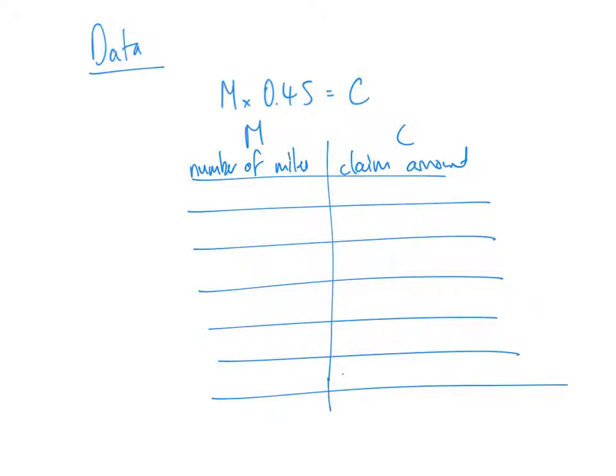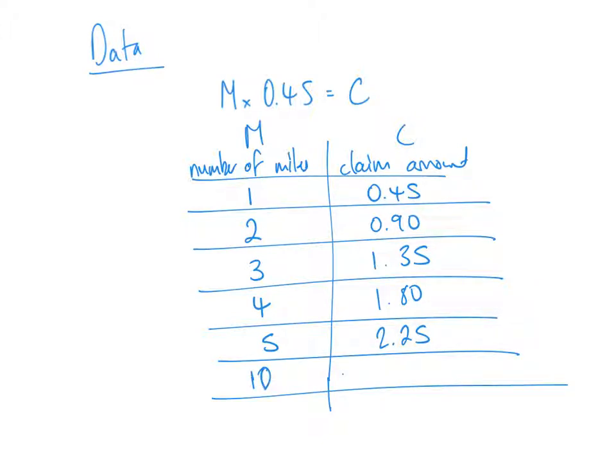Okay, well, say we go for 1 mile, so that's one lot of 0.45, so that's 45 pence we get out. If we go for 2 miles, it's 2 lots of 45 pence. 3 miles, 3 lots of 45 pence, and on. So we get some bigger numbers. So we go for 10 miles, a whole £4.50, 20 miles, £9.